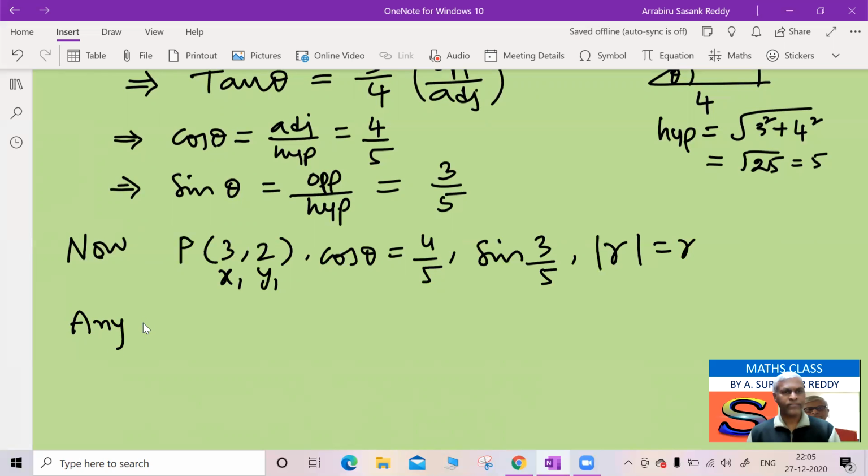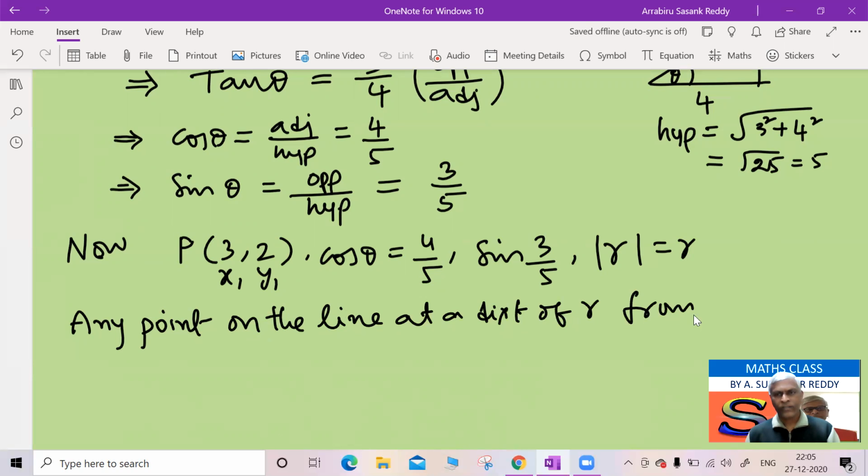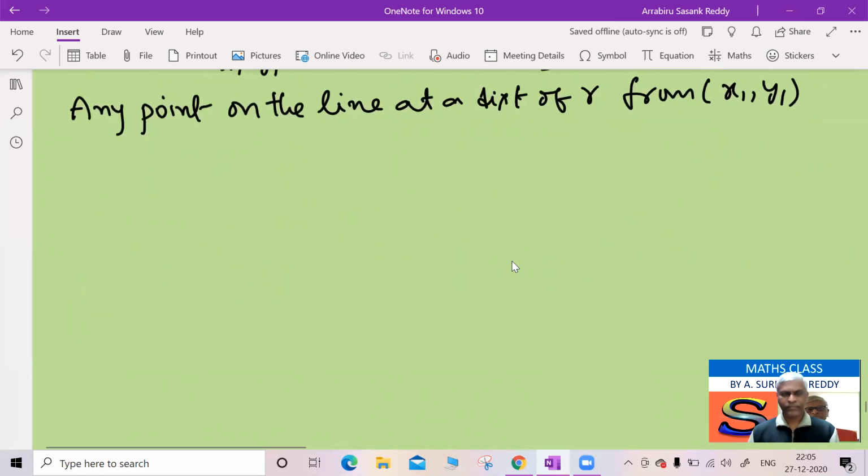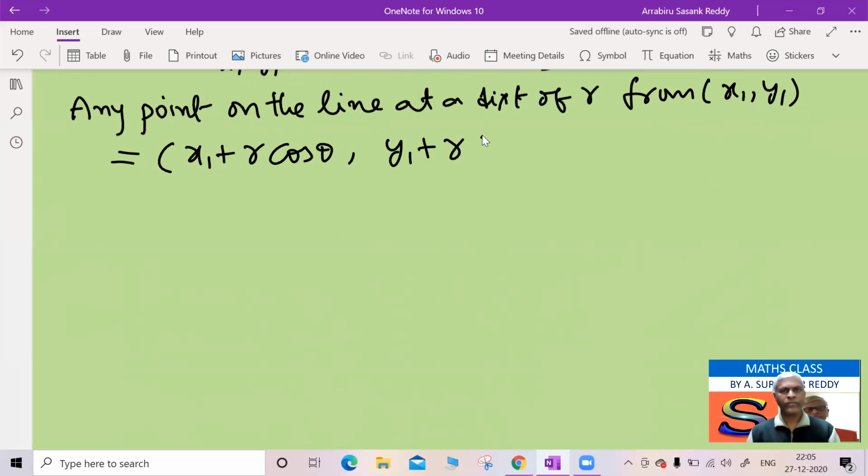So any point on the line at a distance of r from the given point x1, y1 can be taken as x1 plus r cos theta, y1 plus r sin theta.